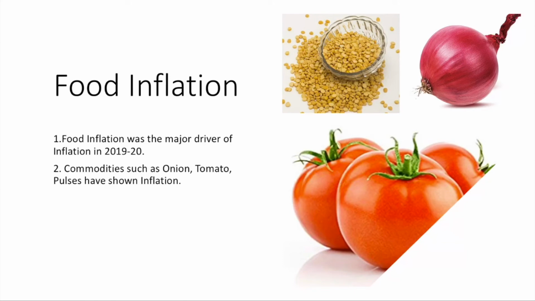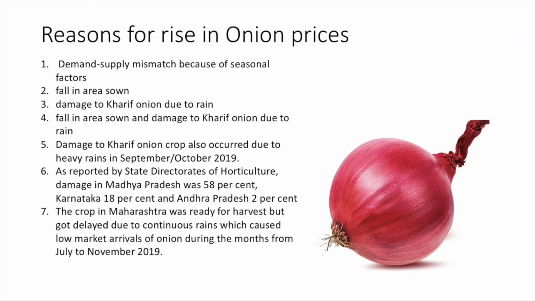Now, we know that food inflation has been the biggest contributor to inflation. So the survey has listed 3 commodities which contributed to food inflation. According to the economic survey, the commodities responsible for food inflation were onion, tomatoes, and pulses. Let's see the reasons for the rise in prices of onions. Generally, we see a rise in prices of onions because of demand-supply mismatch.